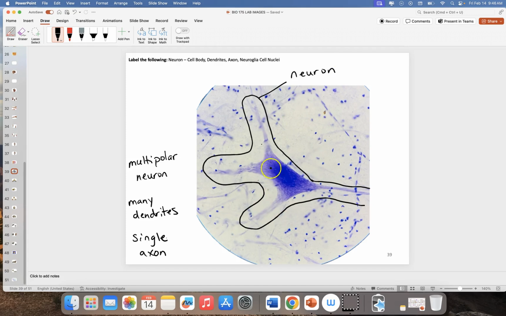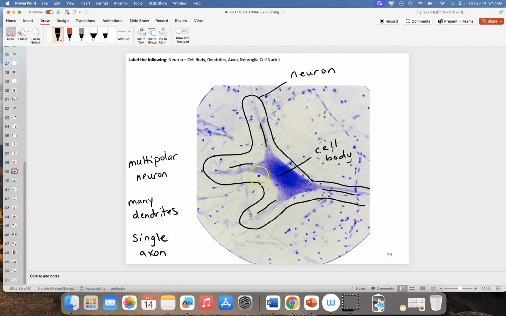The main portion that we can see here is going to be the cell body. So this right here is our cell body. And then we can note that we have several extensions on this end of the cell body. And we have one extension coming away from the other end of the cell body.